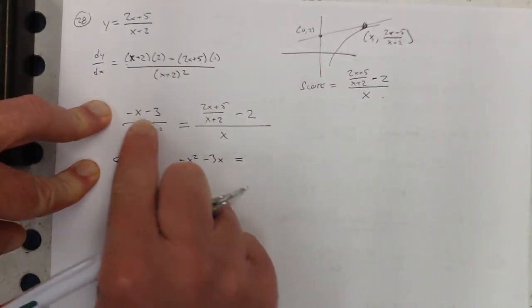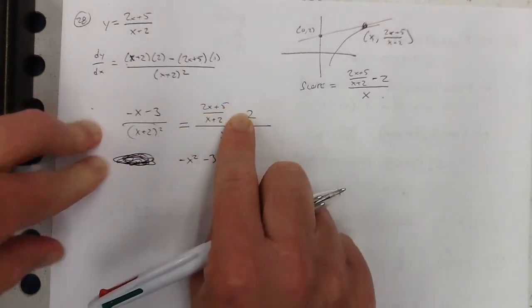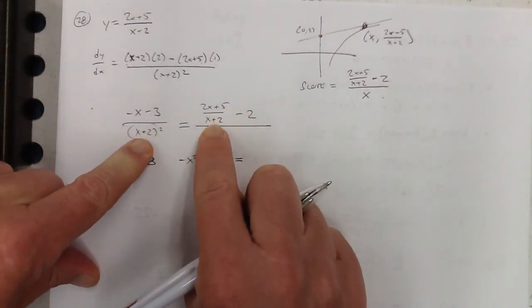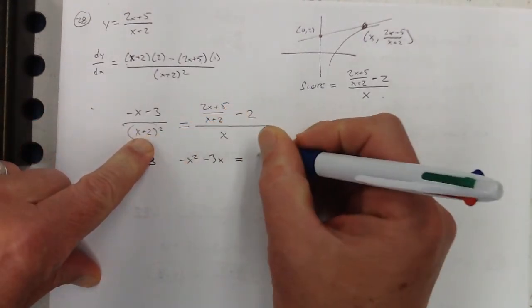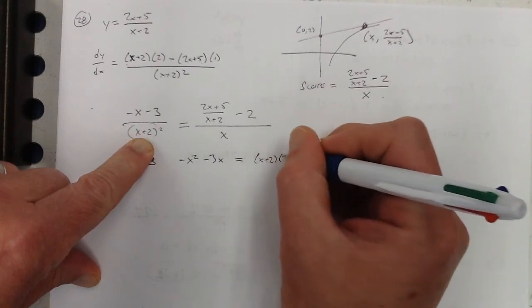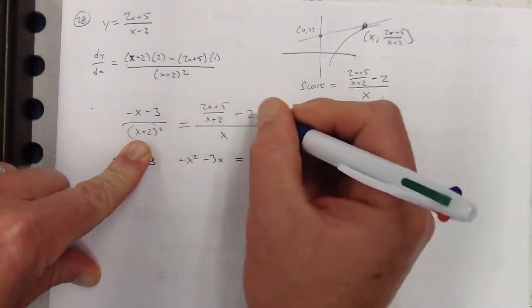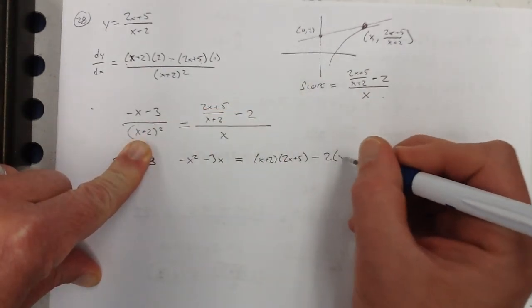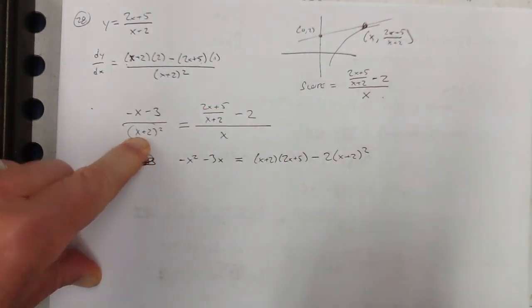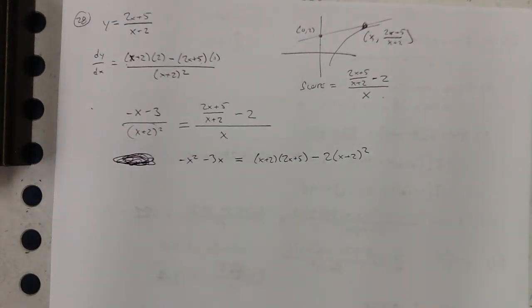And then multiplying this (x plus 2) squared up to here. When it hits this term, one of the (x plus 2)'s will cancel, and I'll get (x plus 2) times (2x plus 5), minus, when it hits this, well, that's just 2 times that. All right, so let's see where we're ending up.